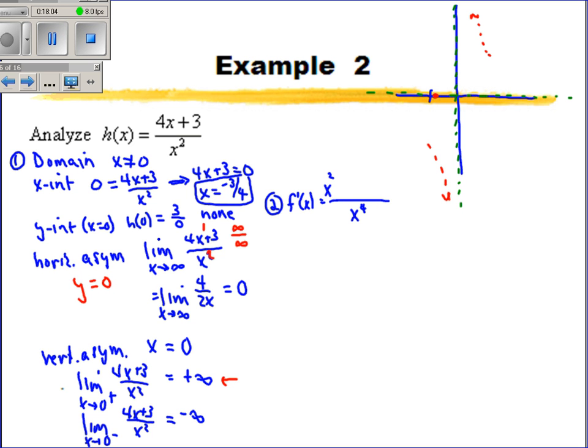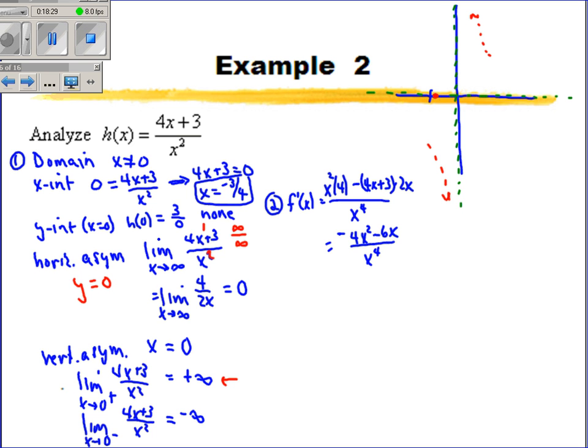I'll start with the x squared on the top times the derivative of the top minus the top, put this in parentheses, times the derivative of the bottom. So I'm going to have 4x squared minus 8x squared minus 6x. So I should have, let's see, that'll be a minus 4x squared minus 6x.